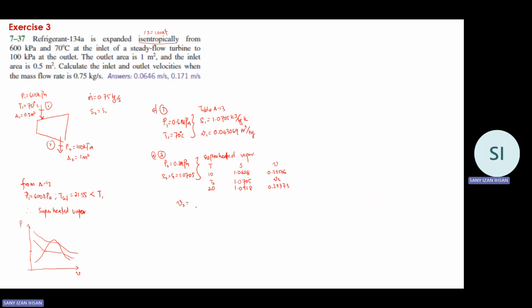So let me just rearrange. After the rearrangement, this is what you should be getting: 0.22506, which is this, plus the ratio, 1.0705 minus 1.0628 divided by 1.0918 minus 1.0628. That is the ratio of this. And the denominator of this, bring to this side, you will multiply by 0.23373 minus 0.22506.